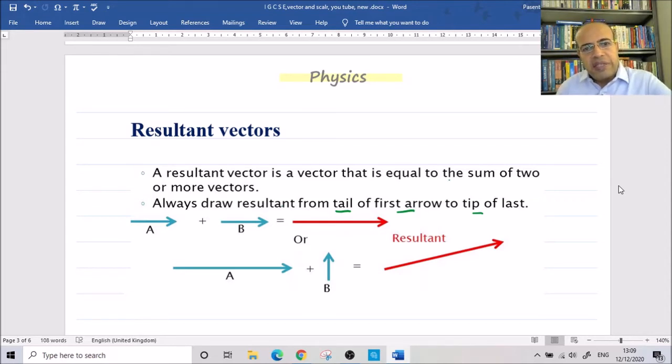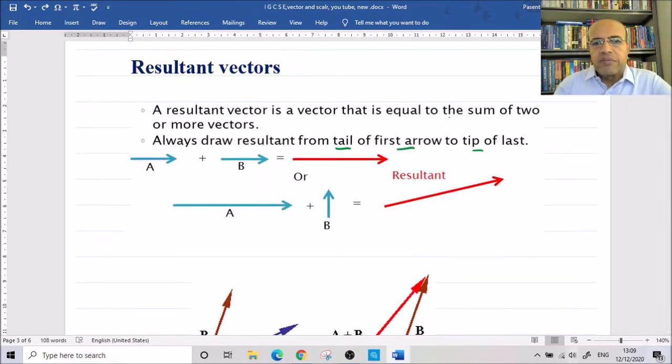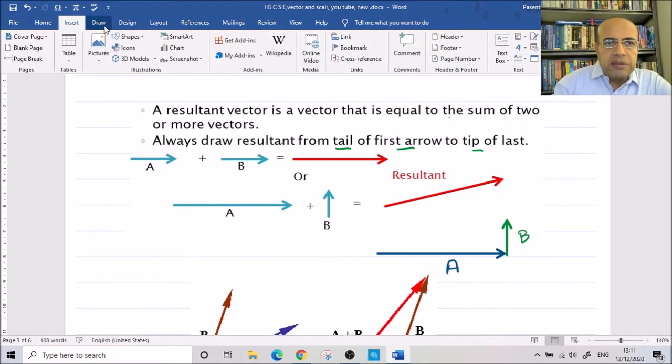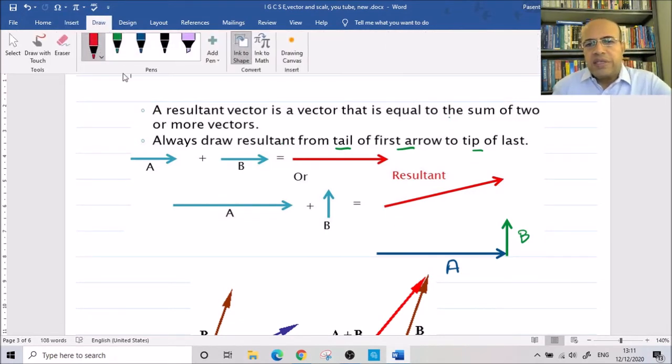Another example: if A and B are two vectors that are perpendicular, how can we get the resultant of two vectors that don't have the same direction? We draw first the vector A. Here, this is vector A, and then this is vector B. What is the resultant?